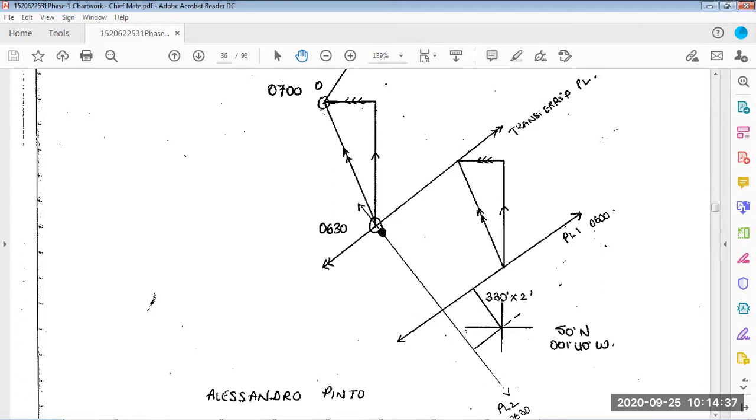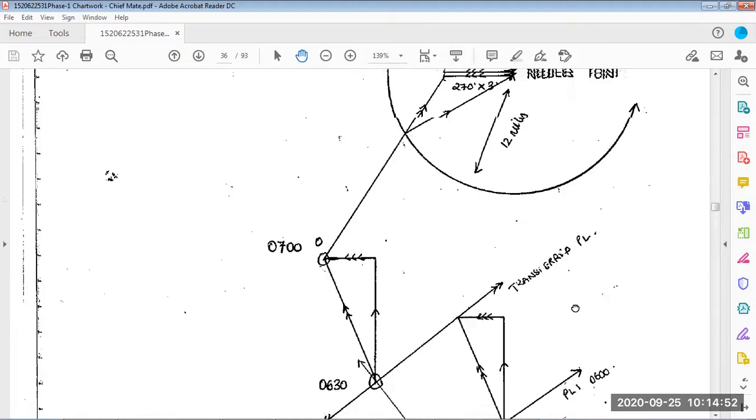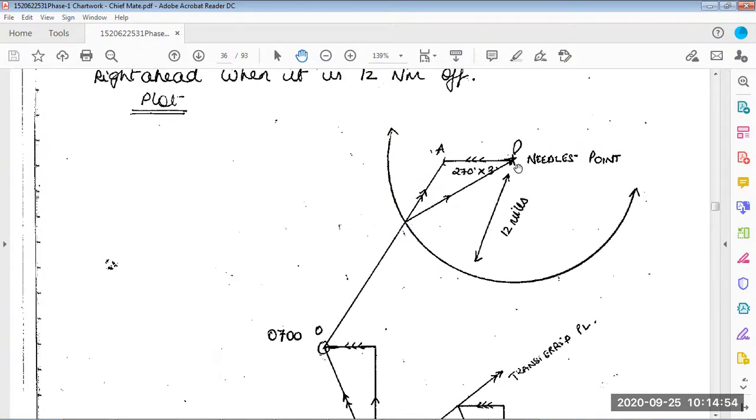Then we need to have, so this is our 0630 fix and we are asked 0700 fix. So this course made good, we transfer for the same half an hour, and from 0630 to 0700 we get the 0700 fix. Now we have this Needles light. So we have one position and we have 12 miles off.